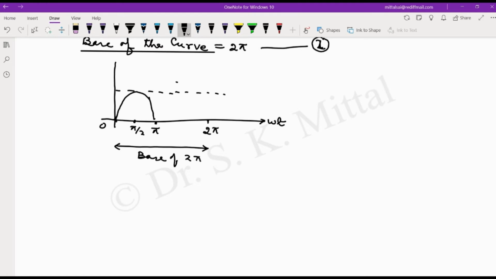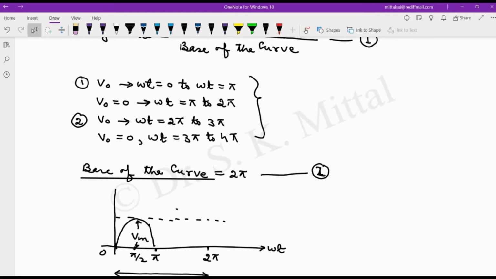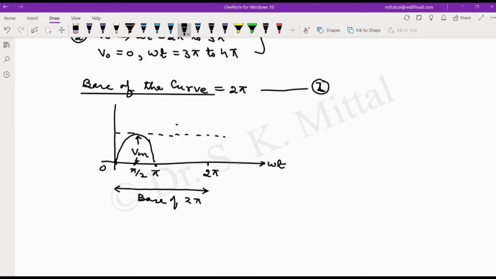This is pi by 2, and at pi by 2 maximum value is obtained. Here, from omega t equal to 0 to omega t equal to pi, we obtain the output voltage. Now from pi to 2 pi, output voltage is 0.